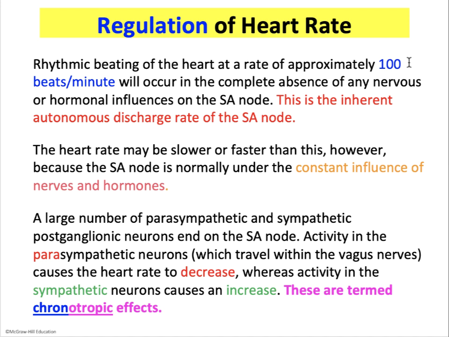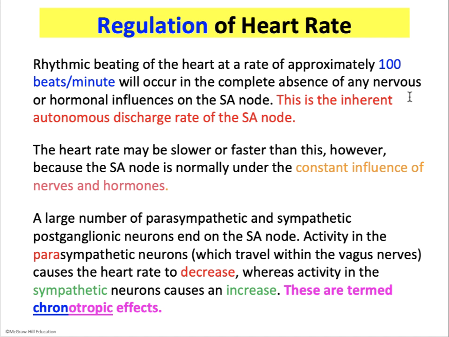So an extracted heart will pump at 100 beats per minute. But that's not the normal case. In a normal resting male, the number of beats a minute is about 72. So that tells us that the heart must be under outside influence and regulation. The sympathetic and the parasympathetic systems are constantly talking with the heart.